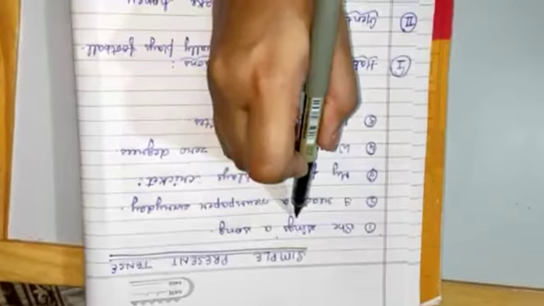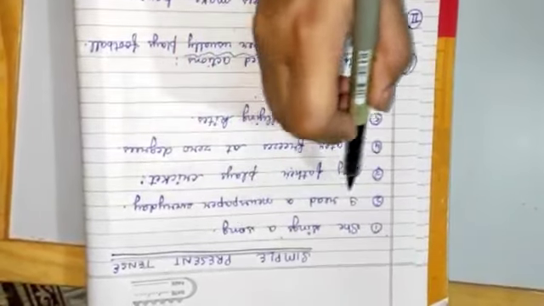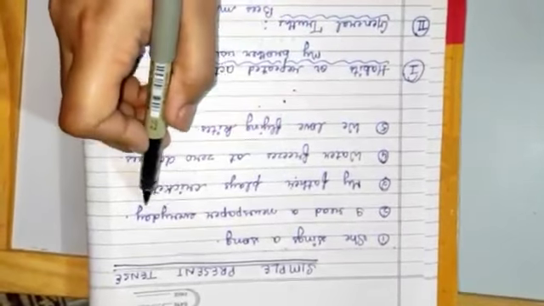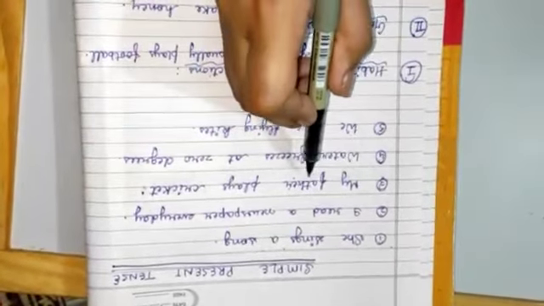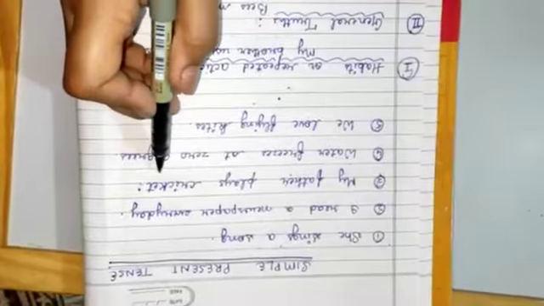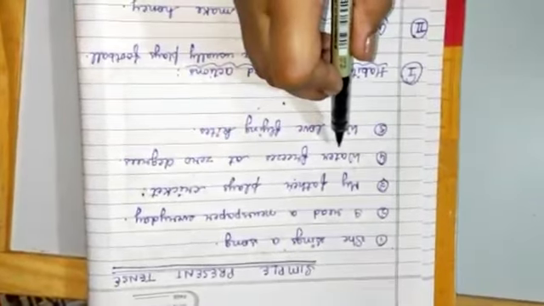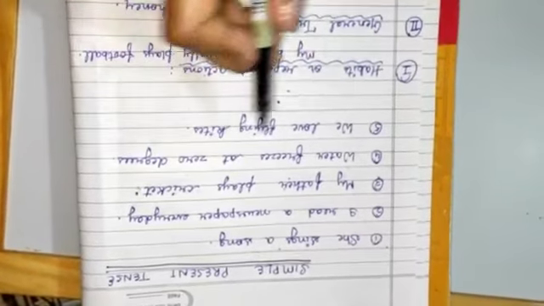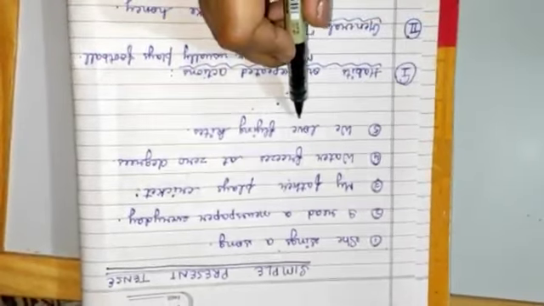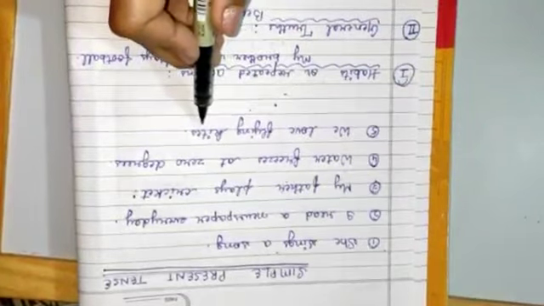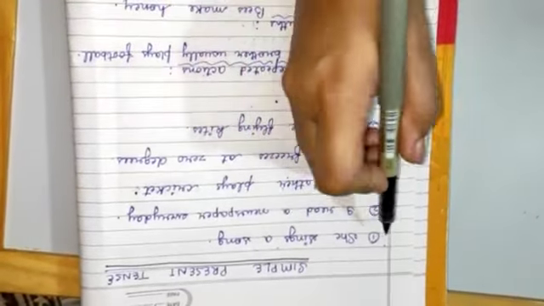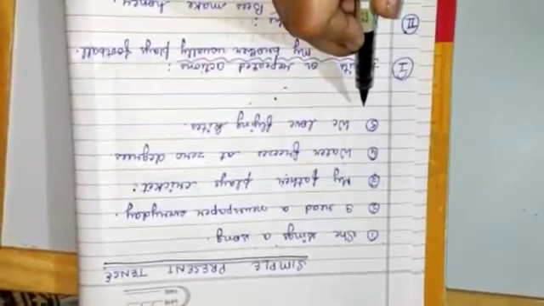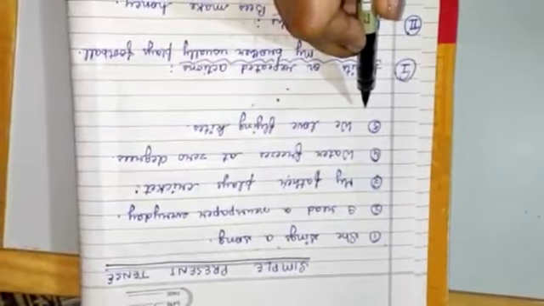She sings a song. I read a newspaper every day. My father plays cricket. Water freezes at 0 degrees. We love flying kites. These all sentences are in simple present tense.